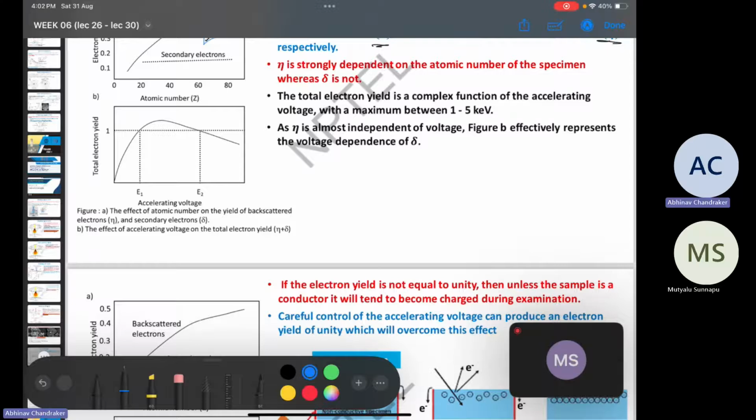So the total electron yield will comprise both SE electrons and BSE electrons which are generated from the surface and collected by the detectors. And if we plot it against accelerating voltage, it comes out to be something like this. Initially there is an increase in the emission with increase in accelerating voltage, but afterwards there is a decrease.